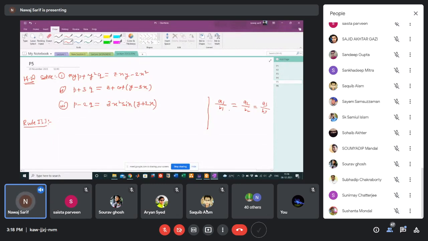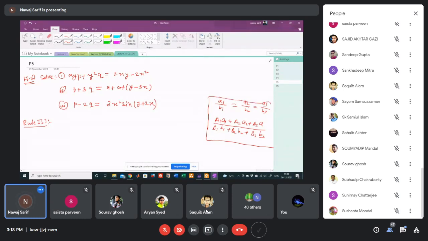Can you write this as capital A1 into a1 plus capital A2 into a2 plus capital A3 into a3, divided by capital B1 into b1 plus capital B2 into b2 plus capital B3 into small b3? Can you write in this form?